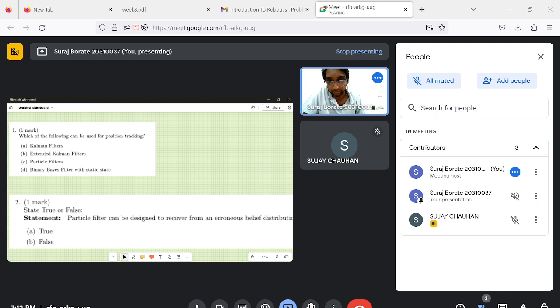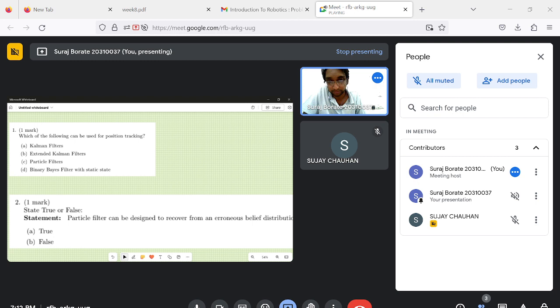That object is a moving object, right? So then you can use estimators like Kalman filter, extended Kalman filters, and particle filters, or can we use Bayes filter? So, this is the question. One or multiple of these are not possible to use.